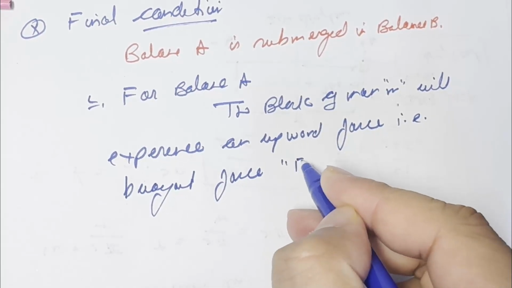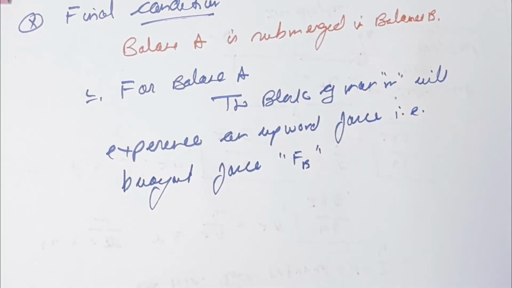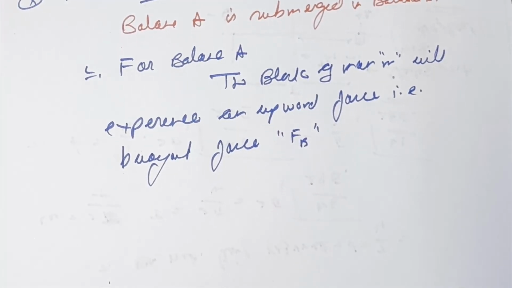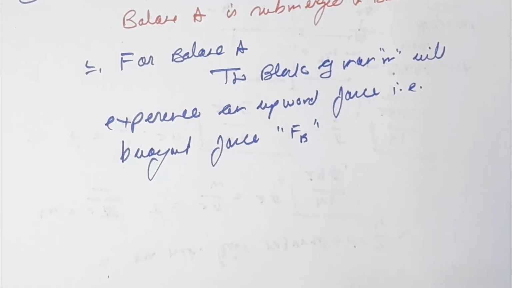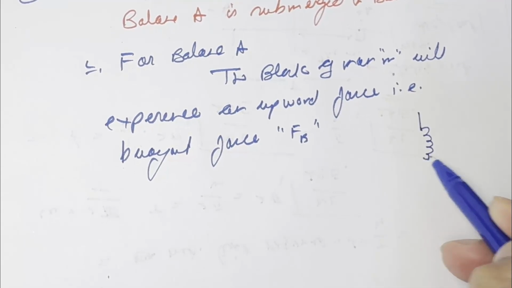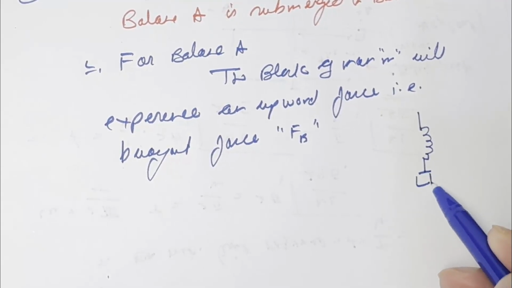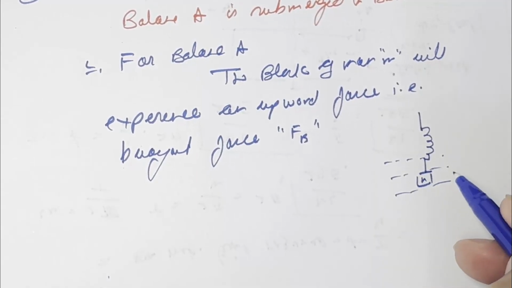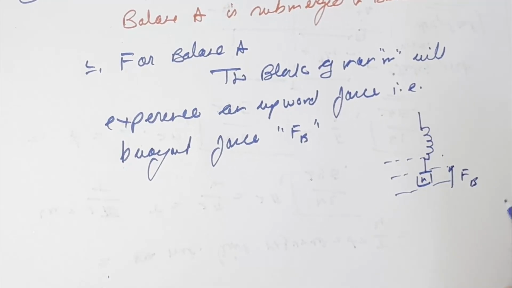So let us call that FB. And let us draw a rough diagram. This here is a mass M inside a liquid, and there will be a buoyant force FB acting on it.